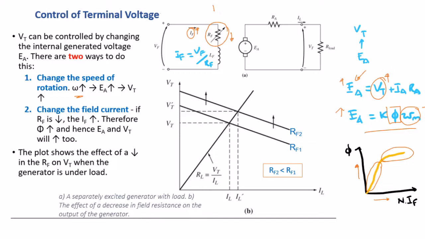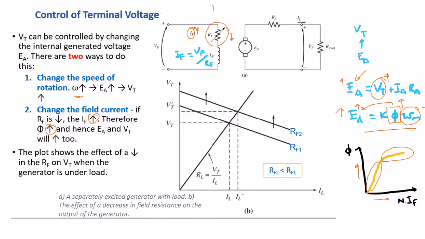And therefore, as IF is increased, flux will also be increased. If you look at the second equation again, as the flux is increased, EA will also be increased, and when EA is increased, VT will also be increased. As a summary, if we reduce RF, the VT will be higher, and vice versa. If we increase RF, VT will be decreased.